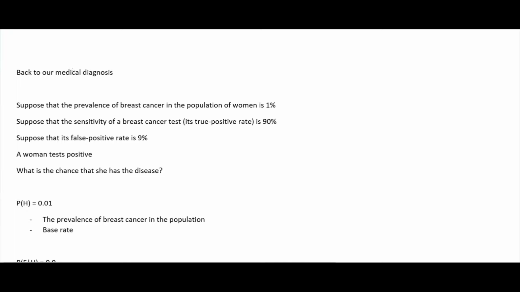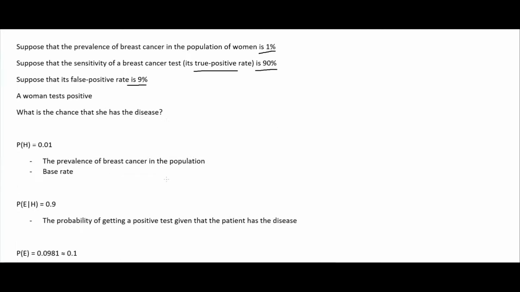And so let's go back to our medical example. So we said that suppose the prevalence of breast cancer in the population is 1%. Suppose the sensitivity of the cancer test, its true positive rate, is 90%. Suppose that the false positive rate is 9%. A woman tests positive. What is the chance she has the disease?